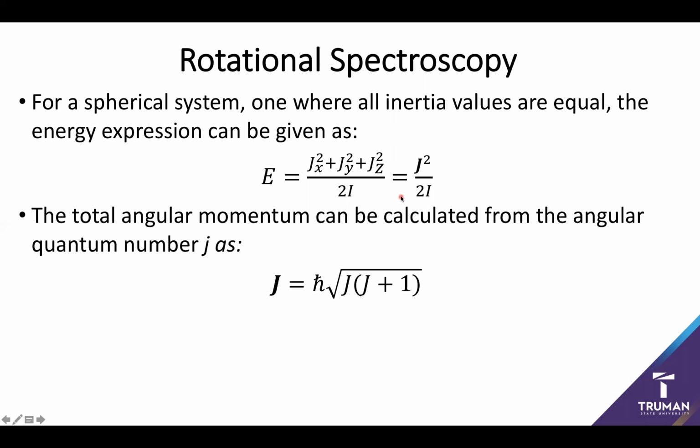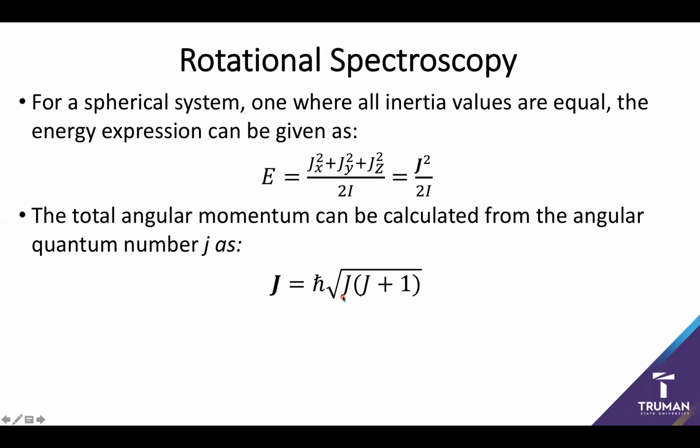So here I want to make note of a difference in symbols. Previously, when we were dealing with a more general angular momentum, we gave the angular momentum quantum number a value of L. However, your book at this point tends to use J, and even worse, they use an uppercase J to represent molecular angular momentum.